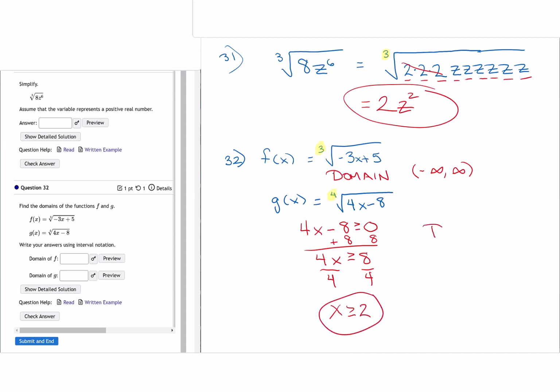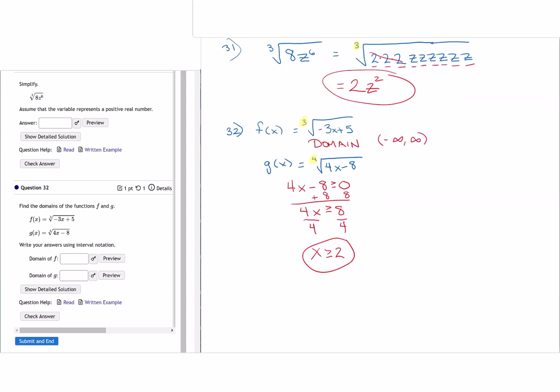My domain, if I put this on a number line, this is what my number line would look like. If I want to use interval notation, my domain is from 2 to infinity. Infinity always gets parentheses, and I am including 2, so I get a square bracket.